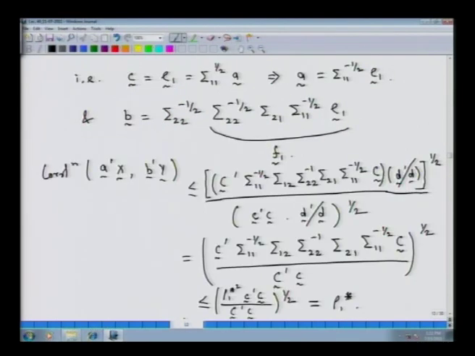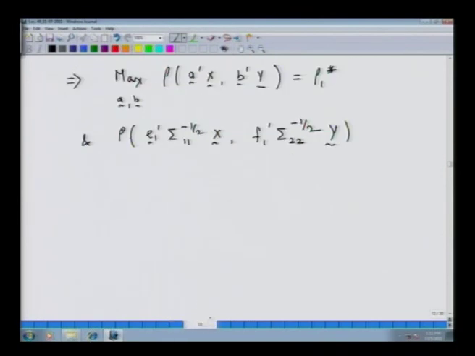So, these are the linear combinations that we are talking about. By choosing B, this is just B equal to sigma 22 to the power minus half times F 1, where F 1 is the orthonormalized eigenvector corresponding to that A prime A matrix.